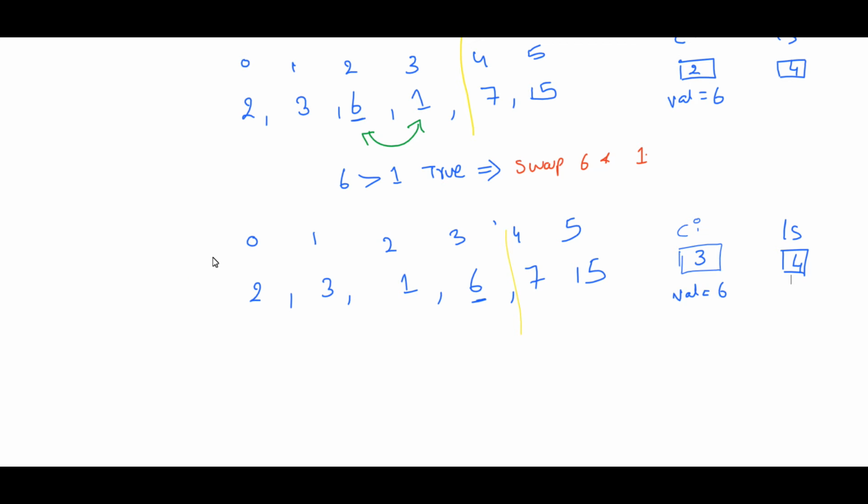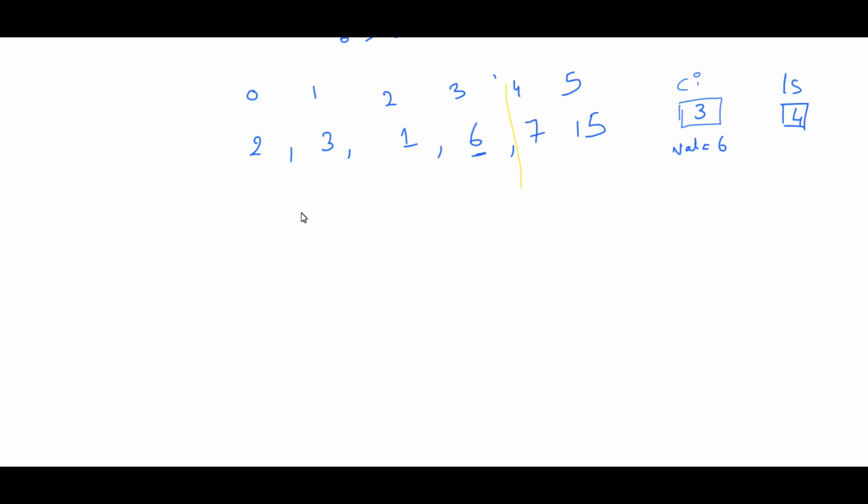Once again, since CI is equal to ls minus 1, we're going to upgrade our ls to point to wherever CI is pointing to, which is 3.